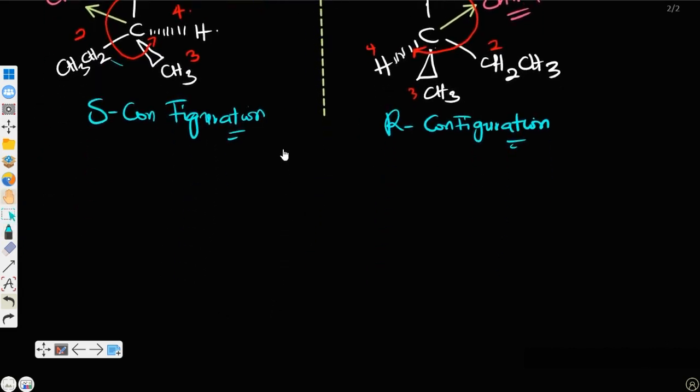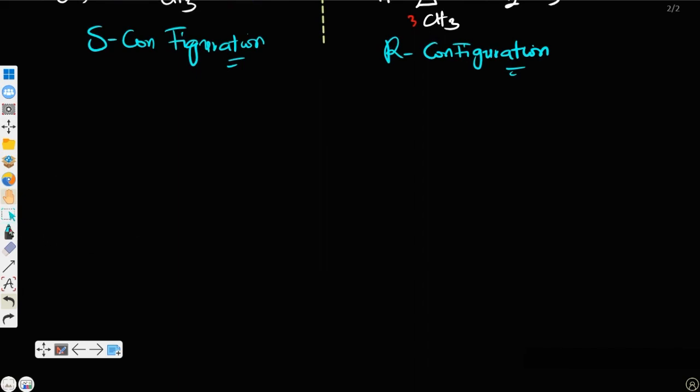Now let's see another one briefly before we move ahead. Let's say you have COOH, and then you have something like this. And then you have hydrogen, and then here you have OH, and then here you have something like this.